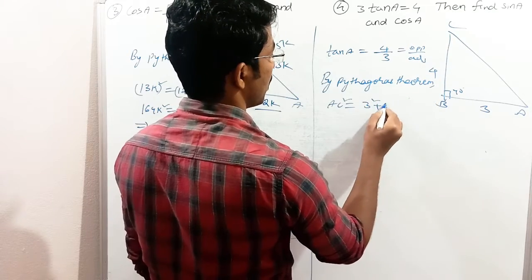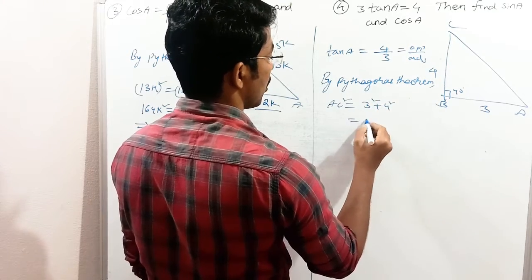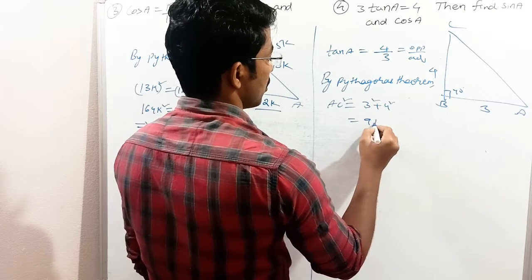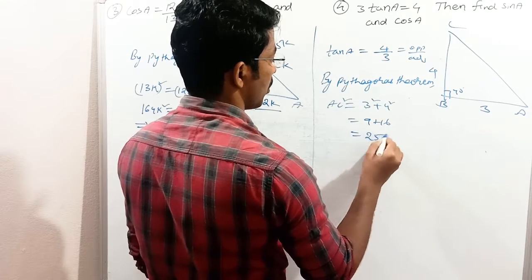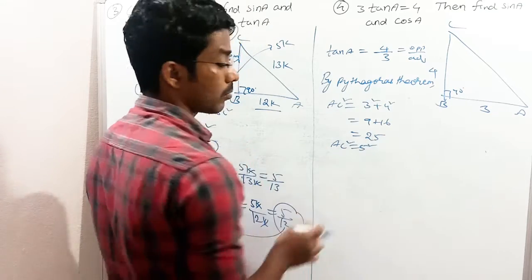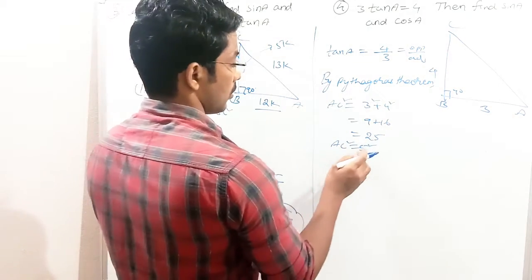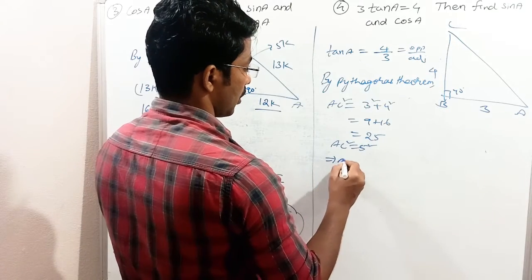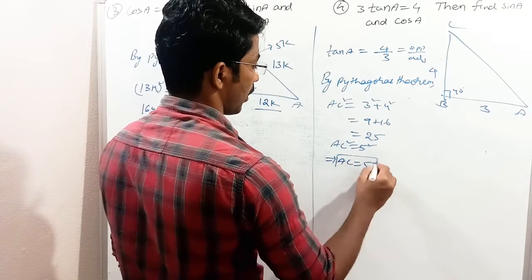So 3 square plus 4 square is nothing but 9 plus 16, that is equal to 25. So AC square is equal to 5 square, as 25 is the perfect square of 5. Now AC value is 5.